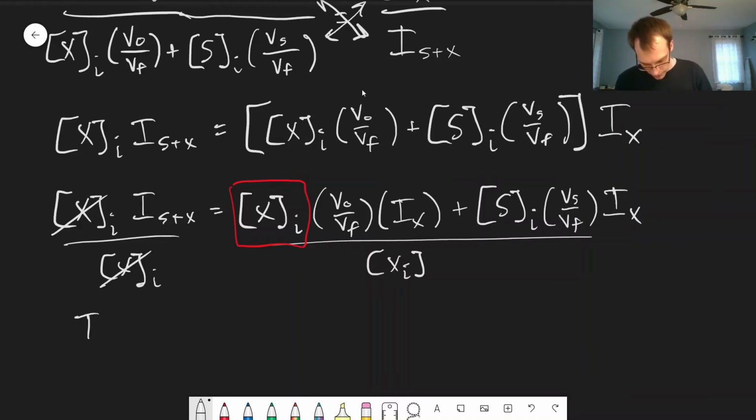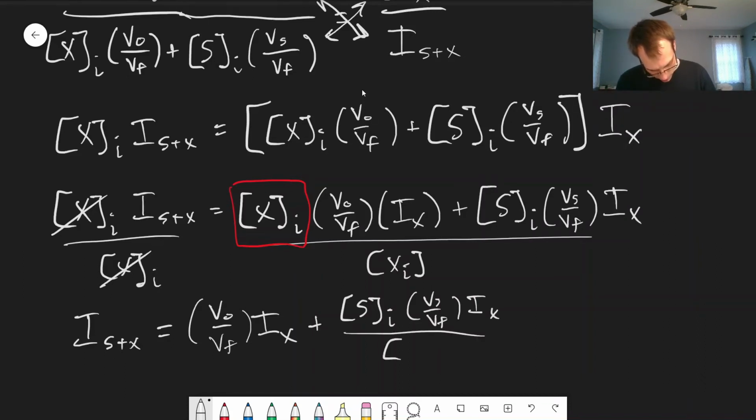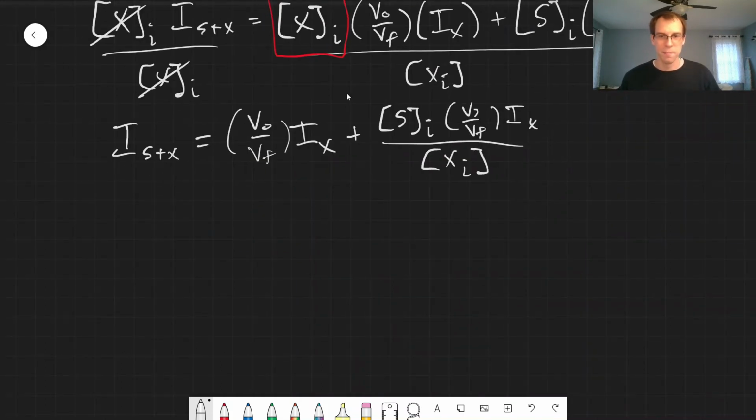So if we simplify, we'll have I of s plus x equal to v naught over vf times Ix, because the xi cancels since we divided by it, plus si Vs over Vf times Ix, not S, divided by xi. It doesn't really look like a linear equation quite yet, but let's continue on.